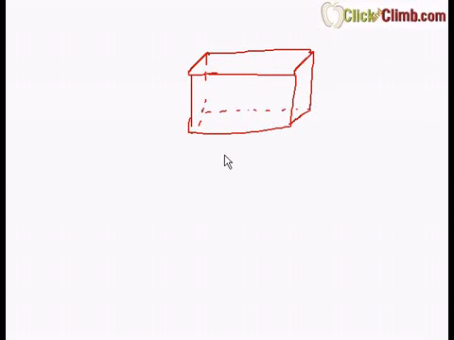Okay, so don't worry about the diagram. We are actually concerned about the dimensions. All right, so this is 3 centimeters, and this is 2 centimeters, and this is 4 centimeters. So 3, 2, and 4 centimeters, these are the dimensions of our rectangular prism. All right, now we have to find the surface area of this prism.